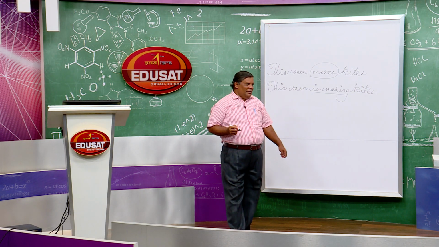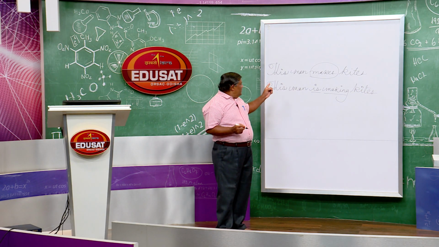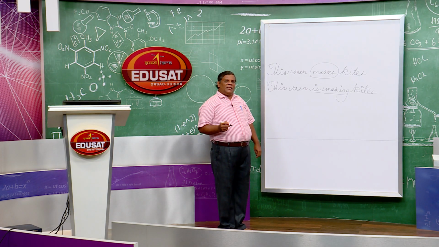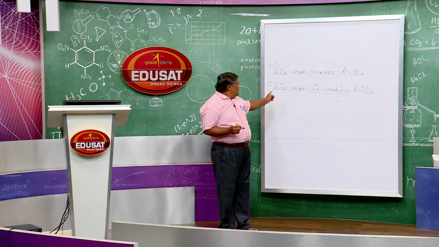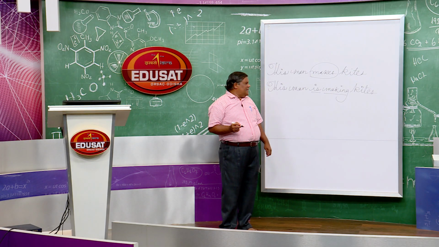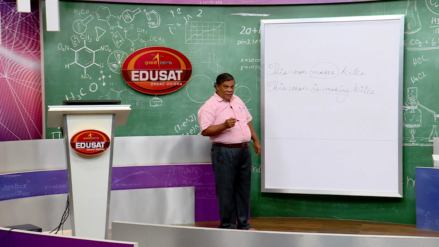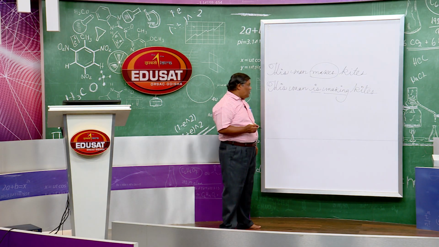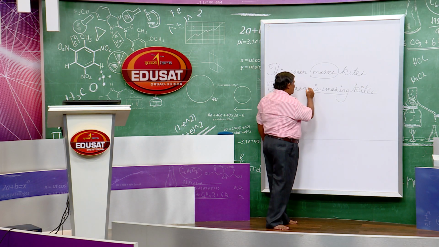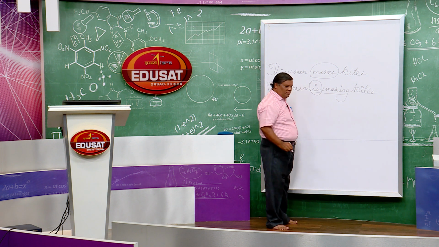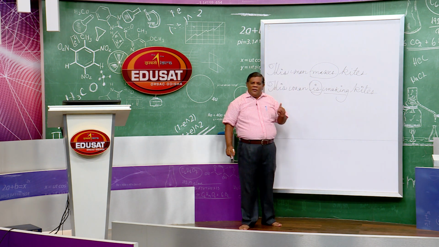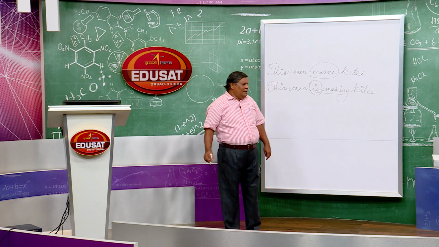Therefore, here the man makes kites, this carries tense, makes. This man is making kites, and here is making is the verb, and between these two verbs, the first verb carries tense. This is the principle of grammar. The first verb always carries tense.